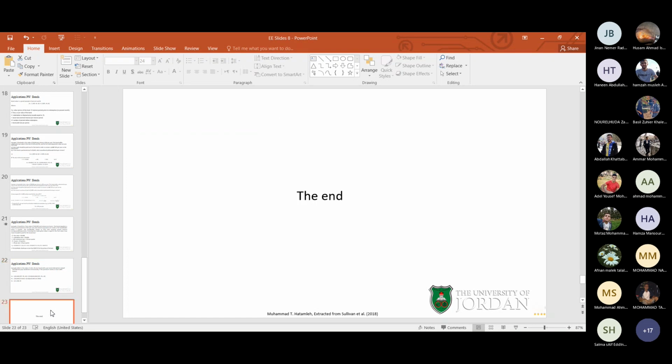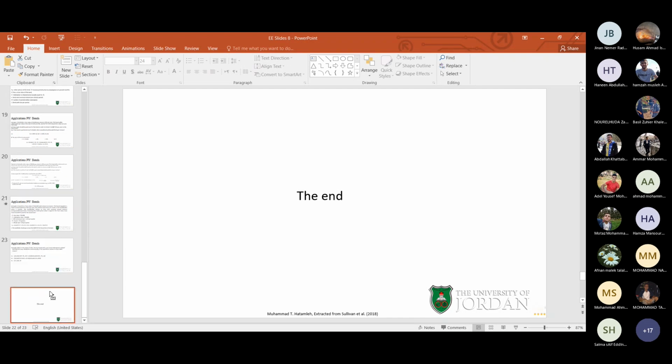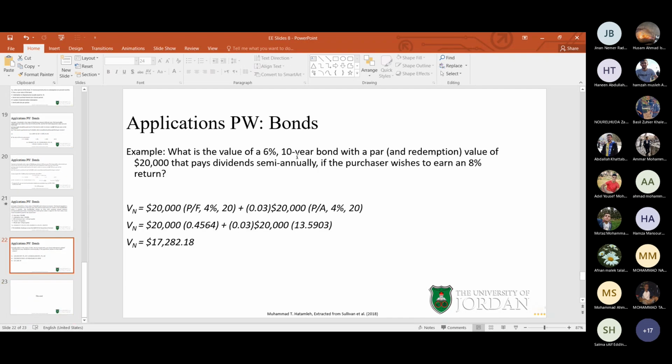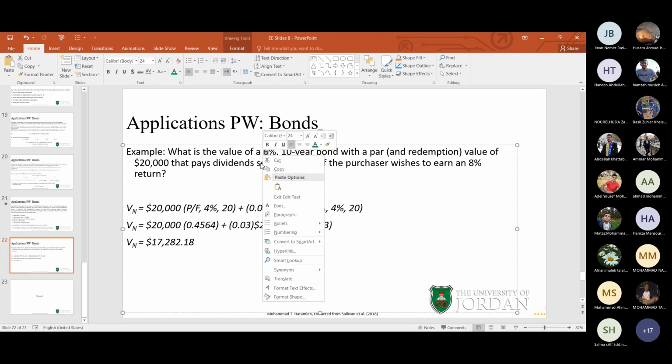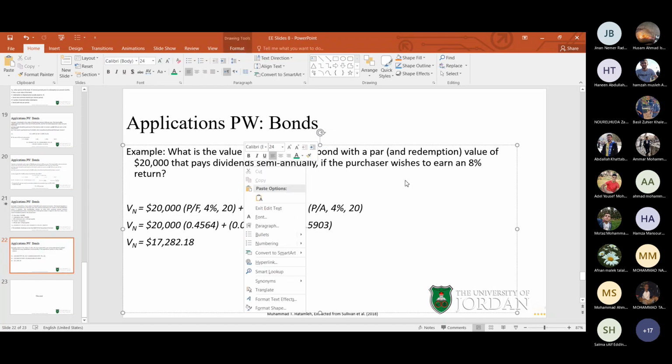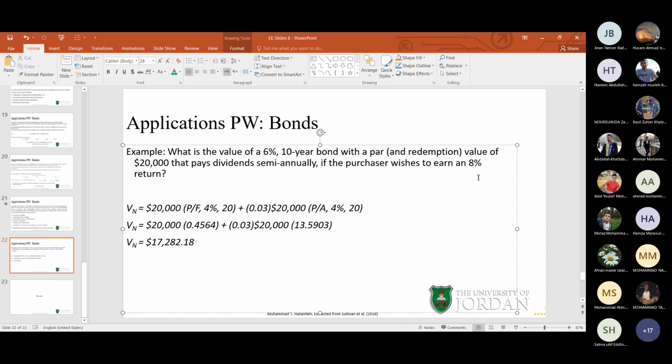So by default, 10 years will be 20 semi-annual interest periods, and the nominal interest rate I'm going to divide by 2, which gives 3%. And if the purchaser wishes to earn 8% in return, I want to convert it to semi-annual, so I will take 4%.